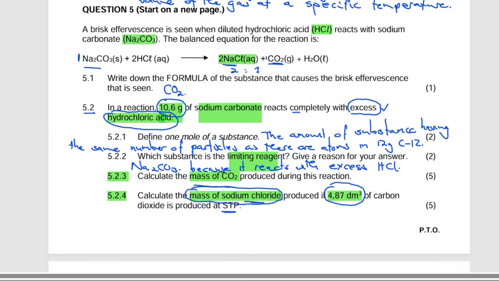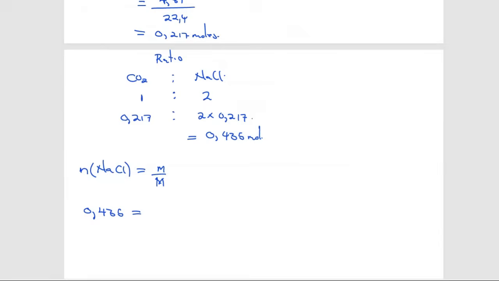So we're looking for the mass of sodium chloride. Again, that STP gave us this formula where we were dividing by 22,4 because this is the molar gas volume at STP, right? So it means here I'm going to say the M that we're looking for all over the molar mass for what? For sodium chloride, right? So if we look, sodium is 23, multiplied by 1, plus the chlorine is 35,5, also multiplied by 1, right?